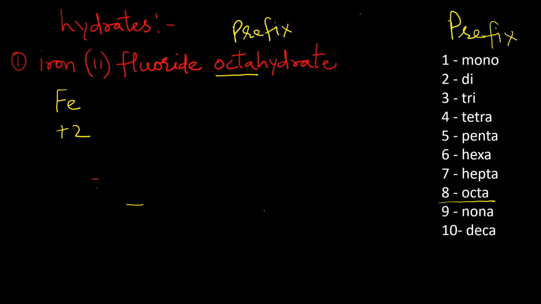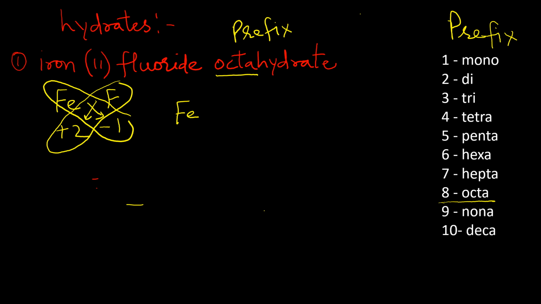Fluoride is F, 1 valency, so we just crisscross and end up with 2 fluorides and 1 iron. So the formula generally looks like FeF2, but because here it says octahydrate, we use a dot and write the number of hydrates. Here 8 means 8 water molecules.